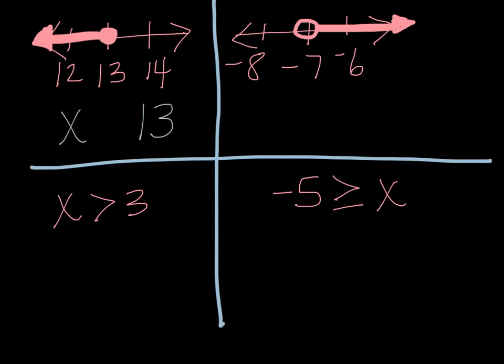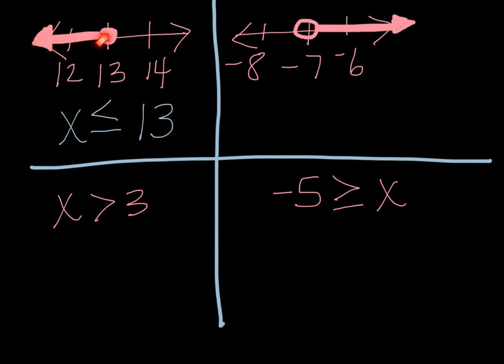We always put the variable listed first. Because it is a closed circle, I know it's "or equal to," it can include 13. And the arrow to the left indicates any number that is smaller than. That's that less than symbol. So we read that as x is less than or equal to 13. We're showing on the number line that it can be 13 or any value smaller.